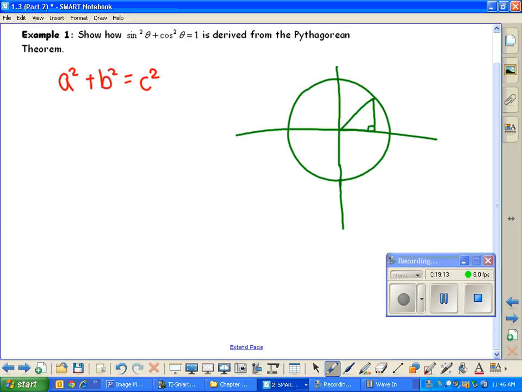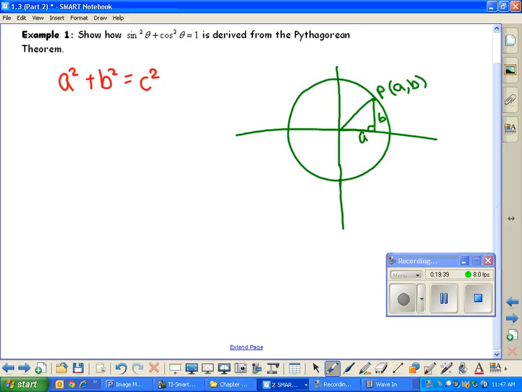So if that's the case, what do A and B represent on any given right triangle? The legs. Good. So this could be A and B. Doesn't matter. I could have switched them. They're legs. They're both the same. Okay. So that means this is point A comma B. Remember? This is our x distance. This is our y distance. Do we agree?